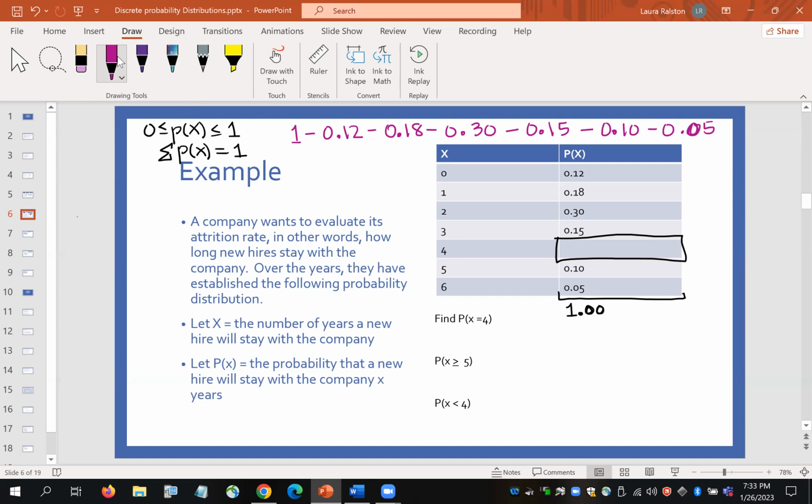So I've got 1 minus 0.12 minus 0.18 minus 0.3 minus 0.15 minus 0.1 minus 0.05, and it comes out to be 0.1.